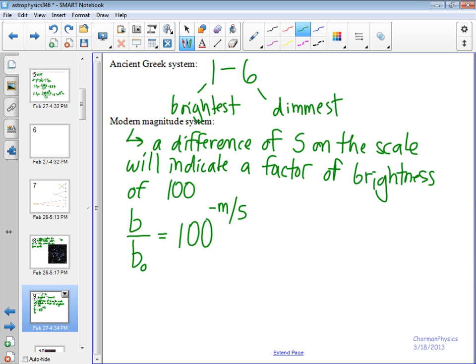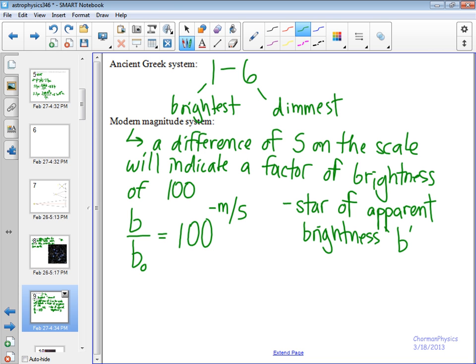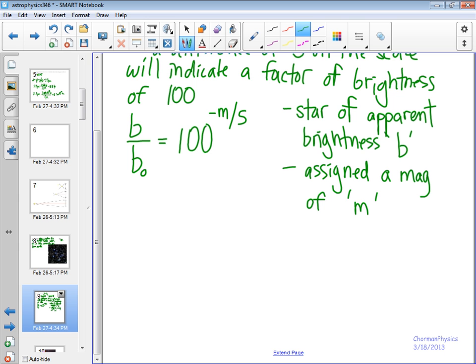What this tells us is that if we have a star of apparent brightness B, we'll assign it a magnitude of m based on some reference value.